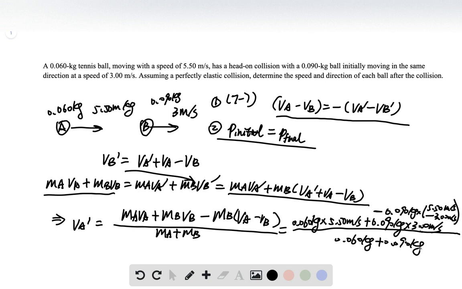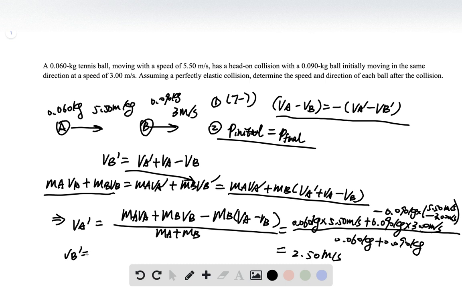That is a very long formula, and we end up getting 2.50 meters per second. So this is VA prime. This is how A will be moving after the collision. And it is also east because it is a positive number, meaning it's moving in the original direction. Afterwards, let's calculate VB prime.